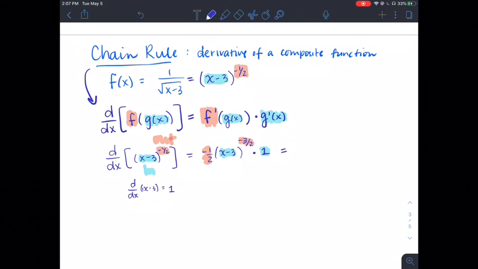Oh, my goodness, what a lucky day we have. When you multiply by 1, nothing changes. So we didn't completely mess up the first problem. We got lucky. We did, however, make a really bad assumption, because it's not always going to be the case that the derivative of the inside function is just 1.